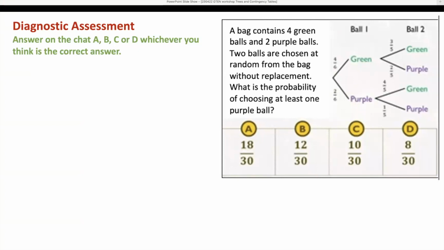A bag contains 4 green balls, and 2 balls are chosen at random from the bag without replacement. Now take note of that, without replacement, because we're moving into some new ideas now. What's the probability of choosing at least 1 purple ball? Now we're using the same language, the at least 1 here. So is it answer A or B or C or D?